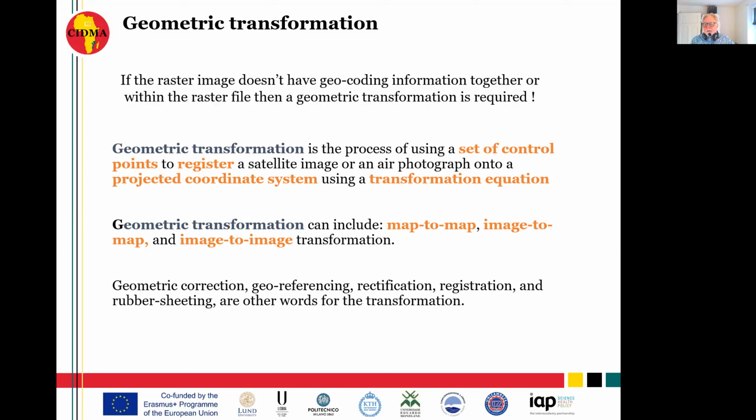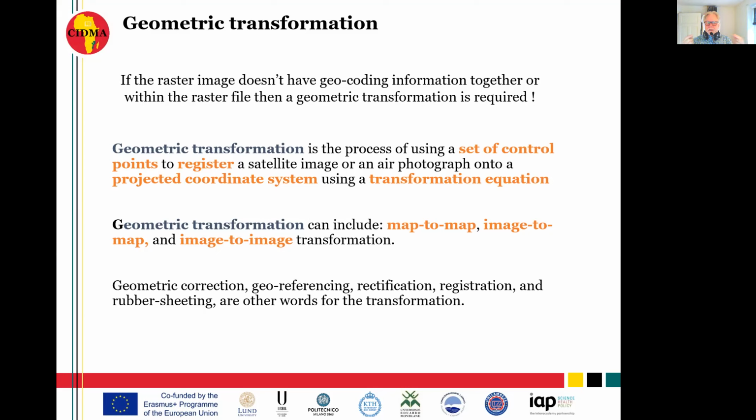By doing that, we find a set of control points that we can find both in the satellite image and in maybe a map or a digital GIS layer, for instance, roads.